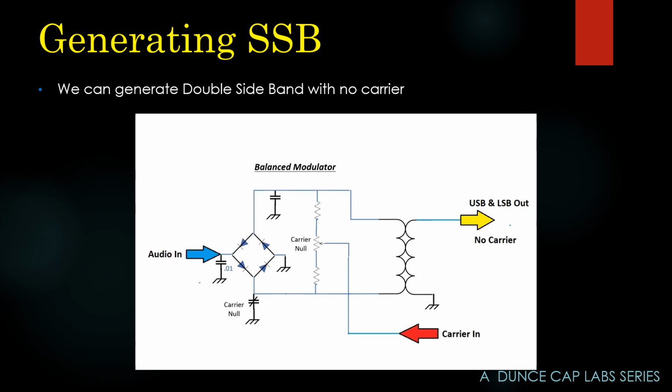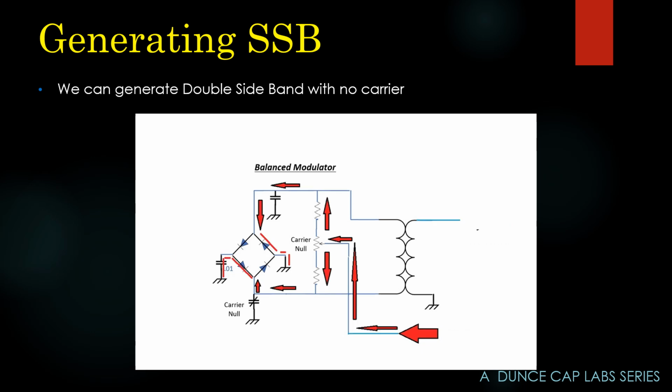So let's take a look at how this circuit works. The energy from the crystal oscillator, or the carrier oscillator, is coming in and it's splitting evenly between these two arms. This has capacitive reactance, and this has capacitive reactance at 3 megahertz. We're going to adjust this one so these balance perfectly.